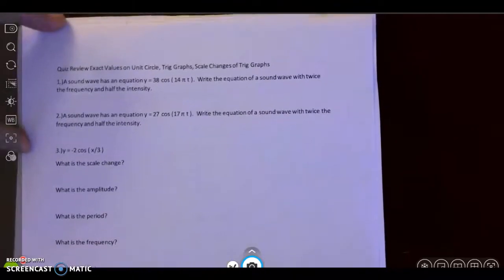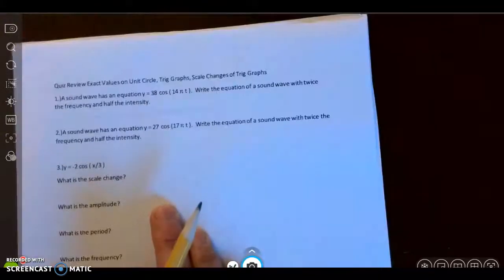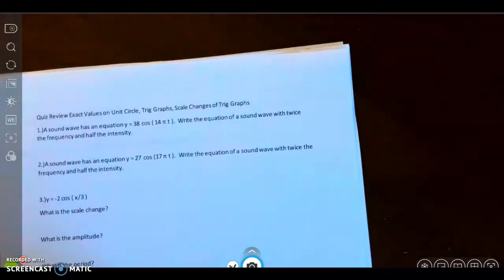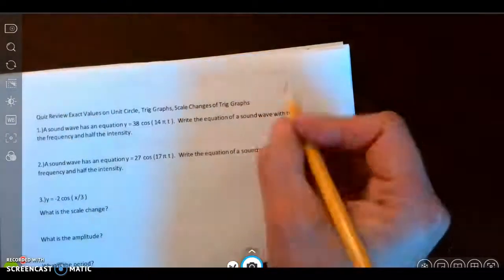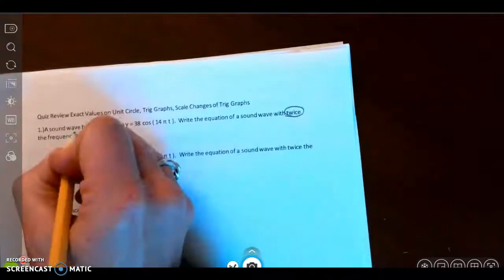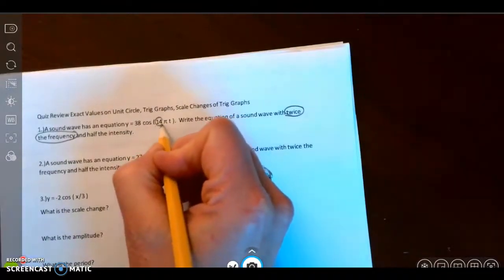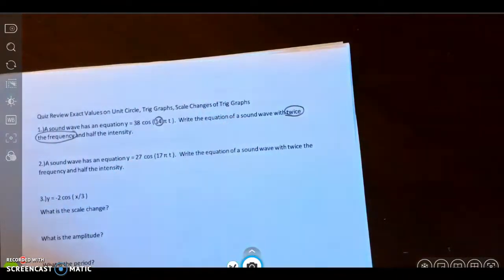And now we have these questions. It says a sound wave has an equation, y equals 38 cosine of 14 pi t. Write the equation of a sound wave with twice the frequency. So remember, frequency is related to period. And so twice the frequency means that this right here, which is related to the x, is going to double.